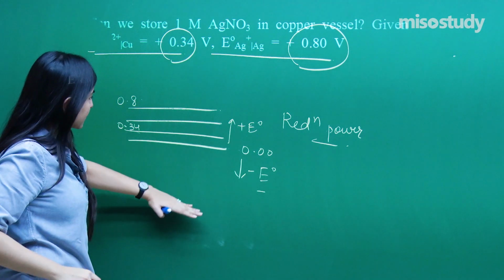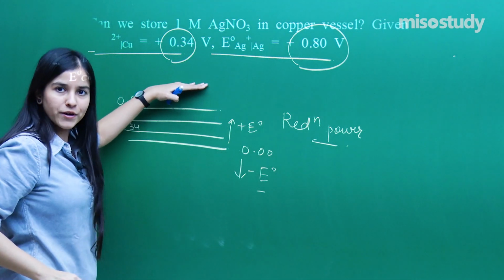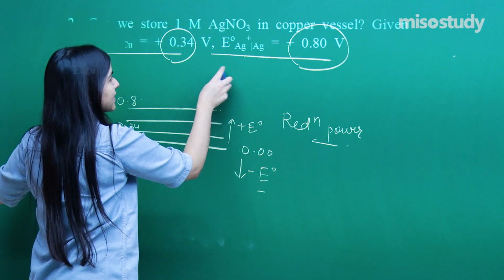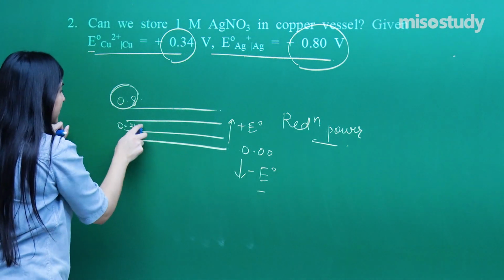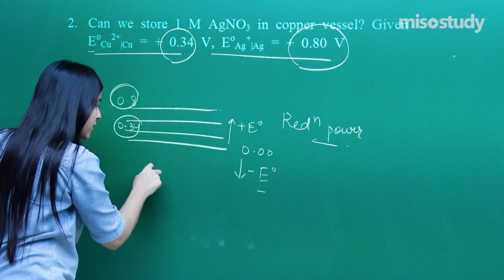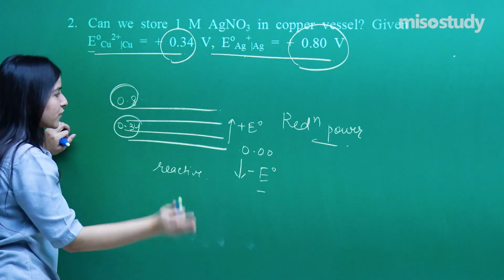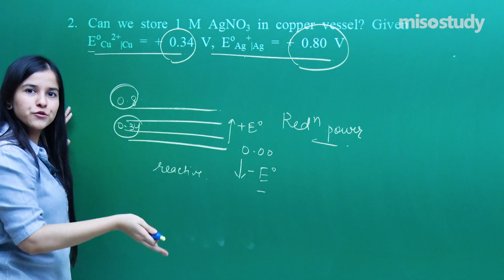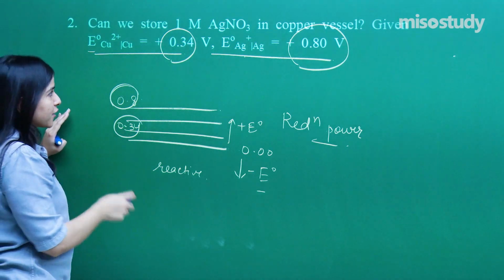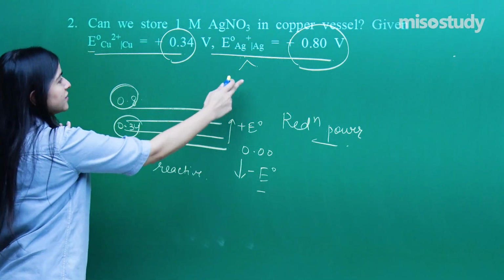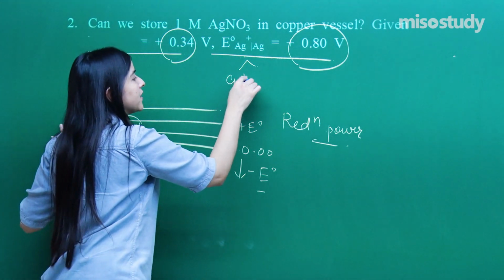That means the reactivity is getting less and less as we go upwards. The negative ones are more reactive. So as I go upwards, the reducing power is getting reduced, thereby this is less reducing than Cu+2.